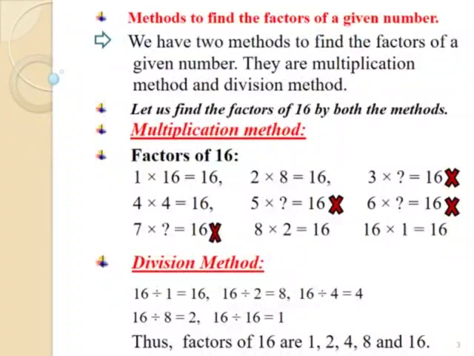Students, note that 2 multiplied by numbers greater than 8 give products that are greater than 16. Thus, 1, 2, 4, 8 and 16 are the only factors of 16.